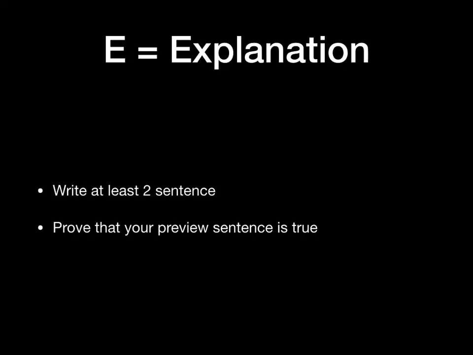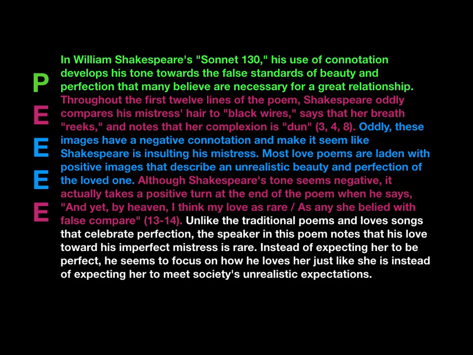So now I'm ready to give my explanation sentences. Once again, I need to write at least 2 sentences and prove that my previous sentence is true. So what does my previous sentence say? Let's look at it again in green. My previous sentence says that his use of connotation develops his tone towards the false standards of beauty and perfection that many believe are necessary for a great relationship.